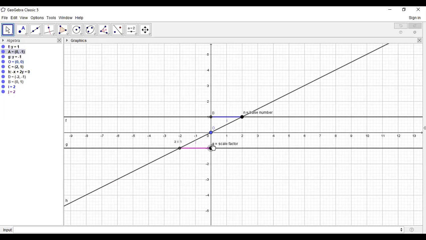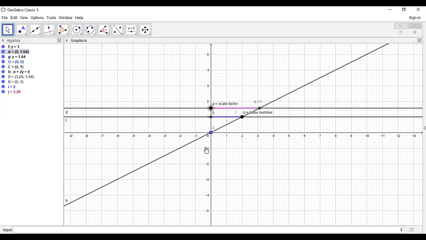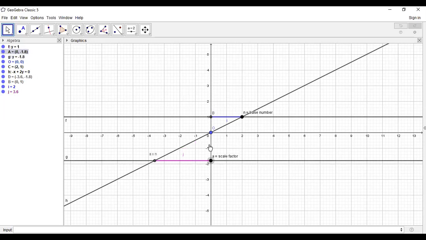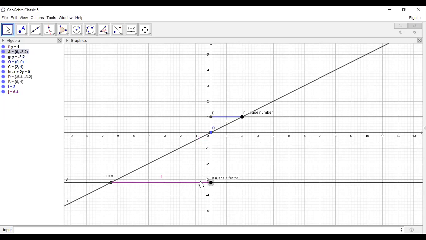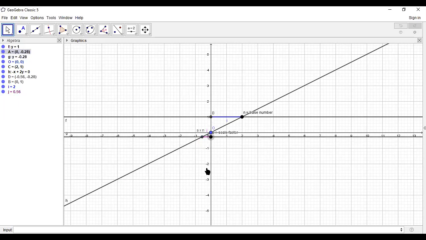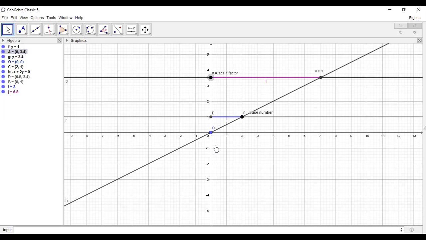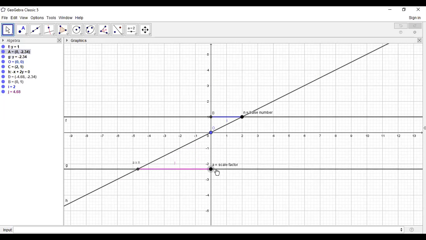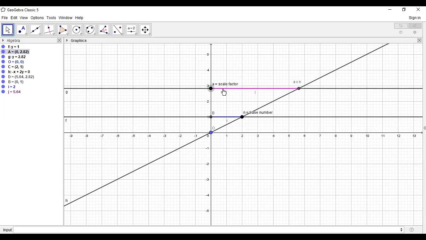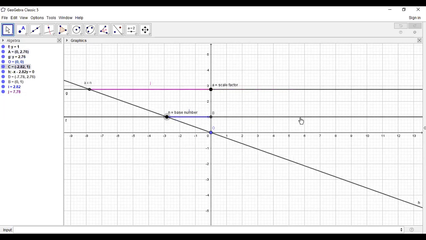So all of these can be observed very quickly, very smoothly, like that. And when you are moving this A, you are going through all the real numbers, not just rational, right? And it's not that you can move only A, you can move n also.